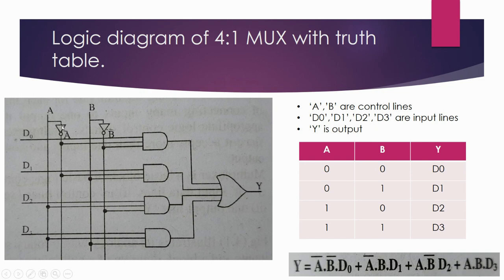Now how? Let's see. The value here is 0, and here is also 0. This 0 will pass through an inverter and get converted into 1. Same for B: 0 will pass through and get converted to 1. Now see this wire, this connection, it is getting connected to the first AND gate.